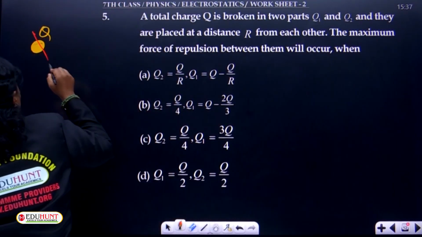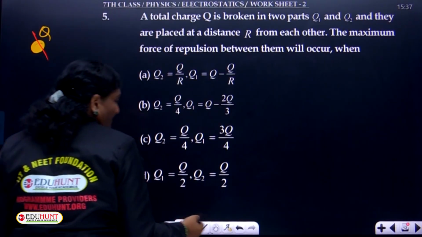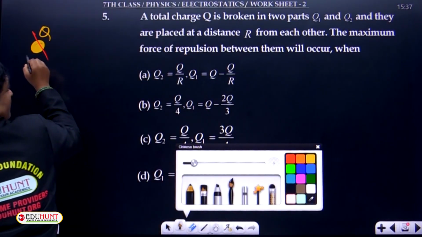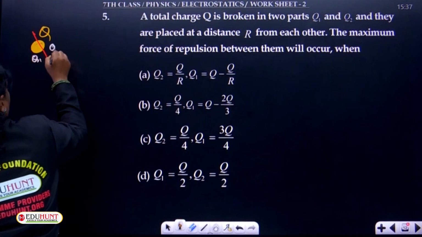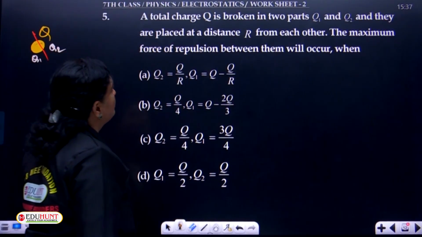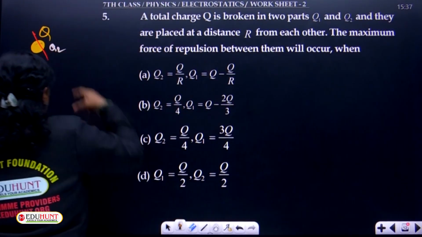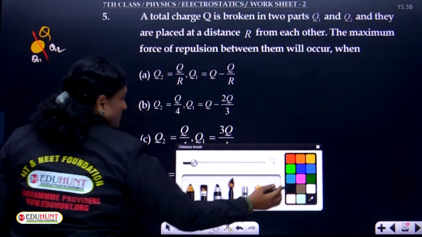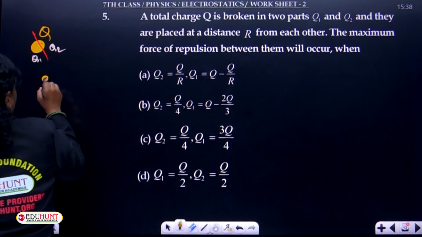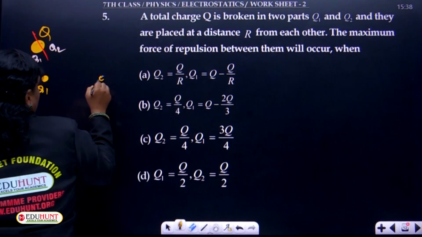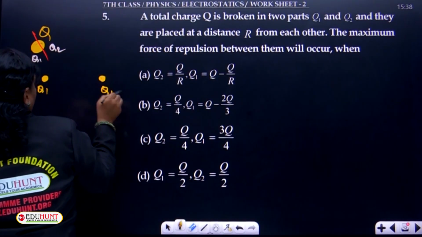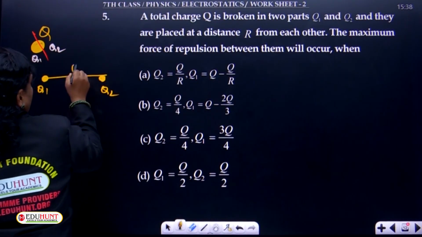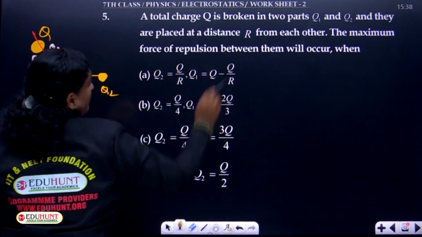One part is named Q1 and the other part is named Q2. After separation, these two charges are placed at some distance R from each other.